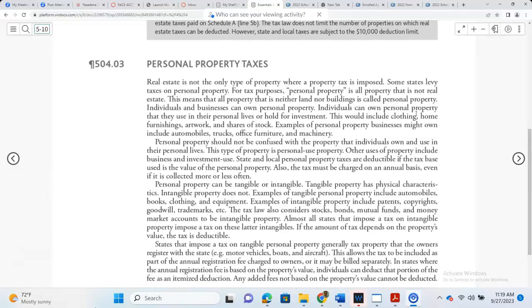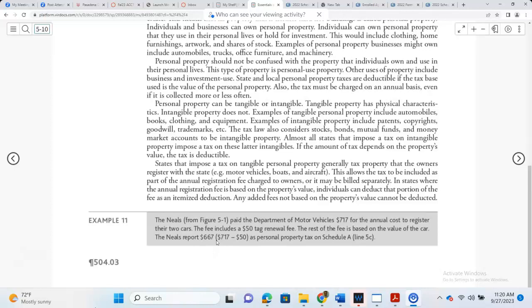But I don't think we are paying personal property tax for those types of things. It should be a big item to be taxed as personal property. Unless it's for investment.